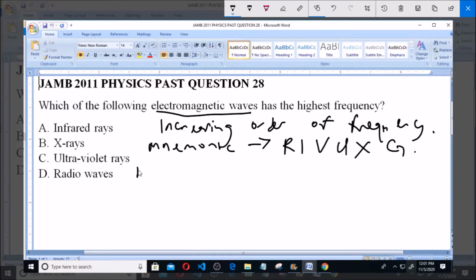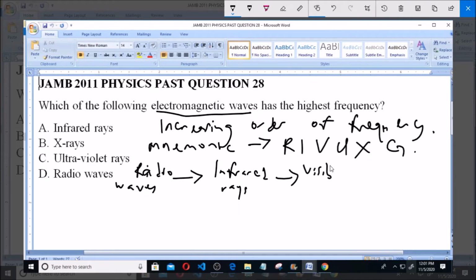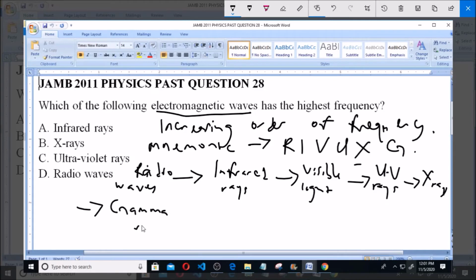So the first is radio waves with the lowest frequency, followed by infrared rays, followed by visible light, followed by ultraviolet or UV rays, followed by X-rays, and then finally gamma rays.